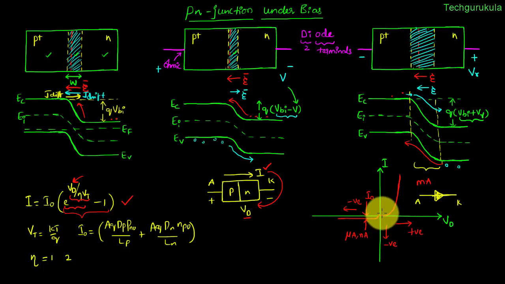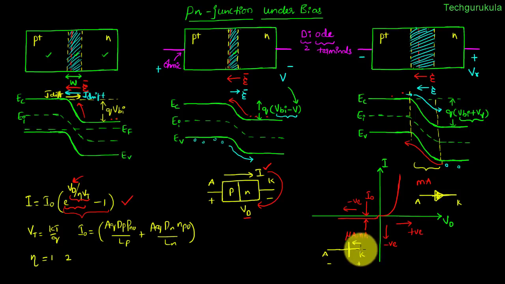Whereas when we go to the other side, where this is anode and this is cathode, when we apply negative to this and positive to this, it doesn't allow the current to flow. In general, it should be flowing from positive to negative. But in order to represent that current is not allowed through this device, we will put a vertical line indicating that it will oppose the current flow.